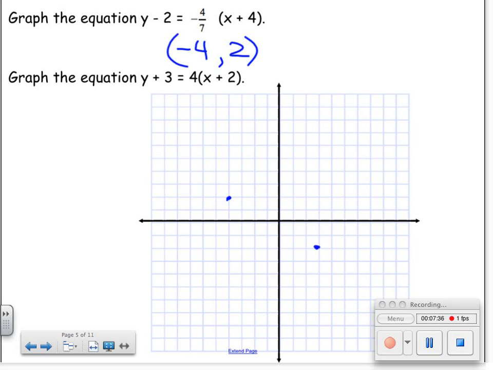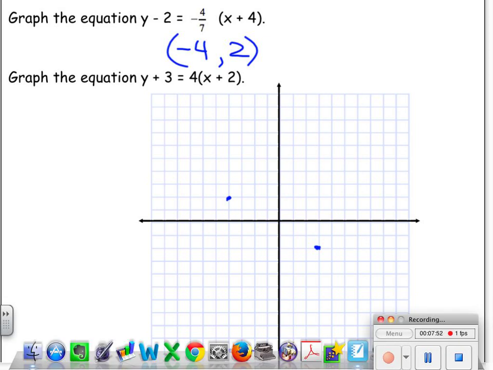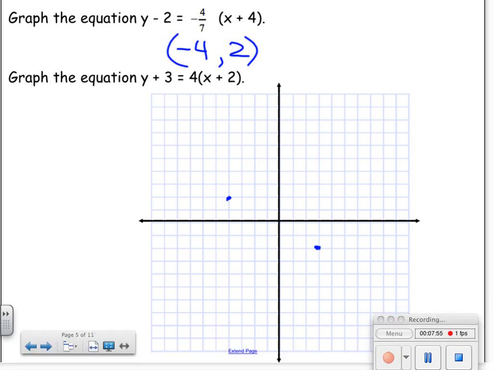So that's going to be my next point. I need to move this down a little bit more. It's going to be right there. There we go. That's our line.